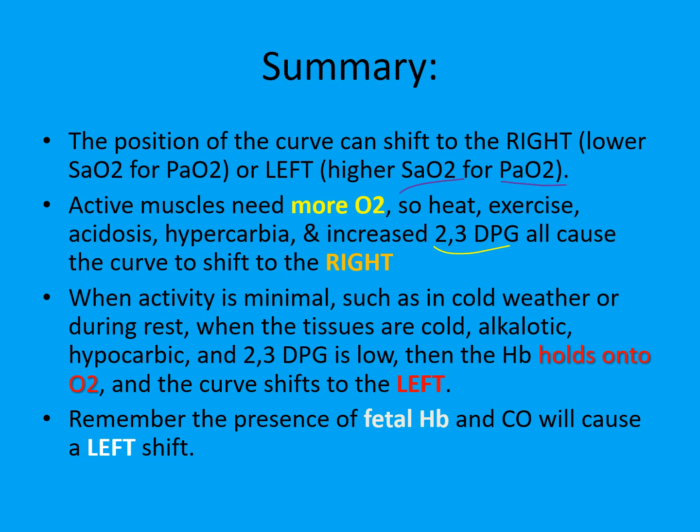So the presence of fetal hemoglobin and carbon monoxide will cause a left shift of the curve. Those are just 2 exceptions to this whole thing, but understand what happens with alkalosis, with low temperature, low metabolic rate, right? Low 2,3 DPG, low hydrogen ions, low temperature, and low metabolic rate.